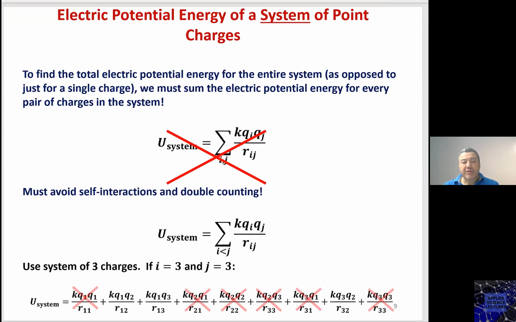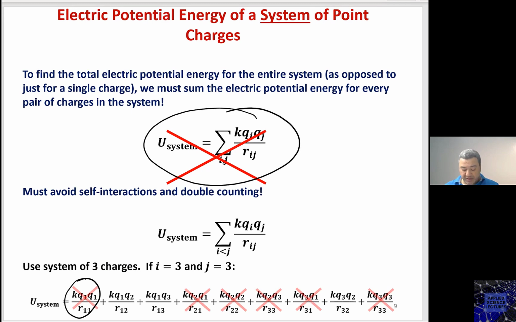Now, in case I want to calculate the system of point charges, not the electric potential energy for one charge with respect to the others, I'm calculating the electric potential energy for the whole system. In this case, I have to take the pairs only one time, which means I have to avoid the self interactions, which are those ones, KQ1Q1, based on this expression.